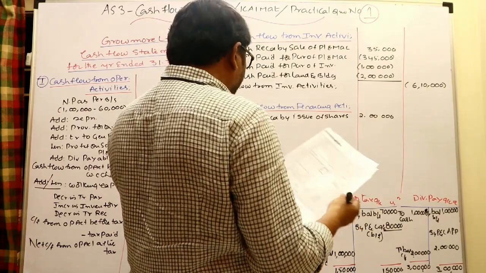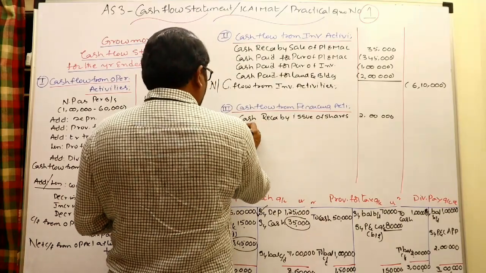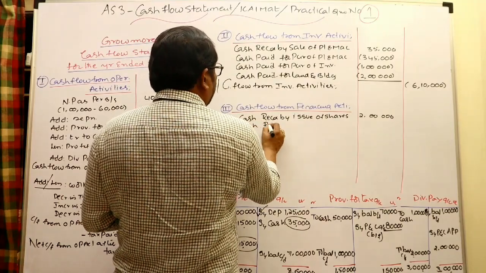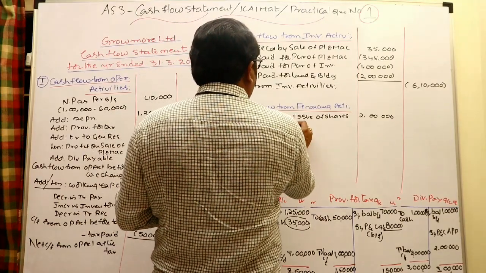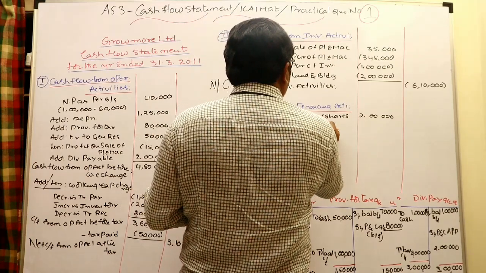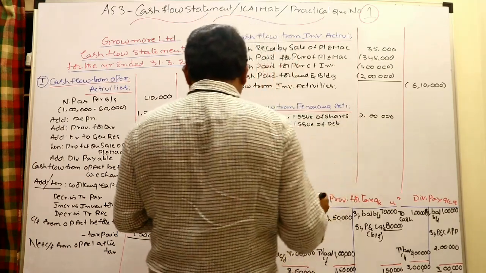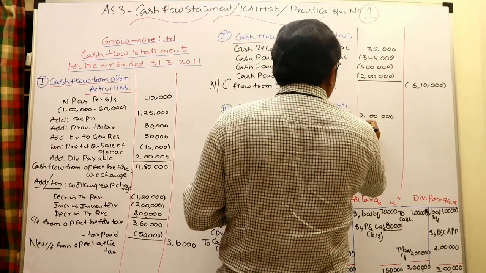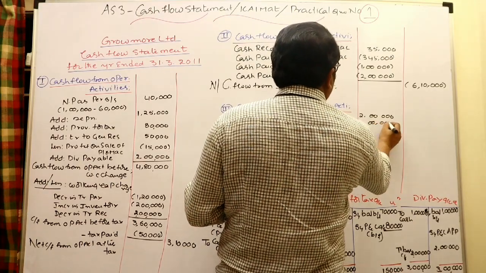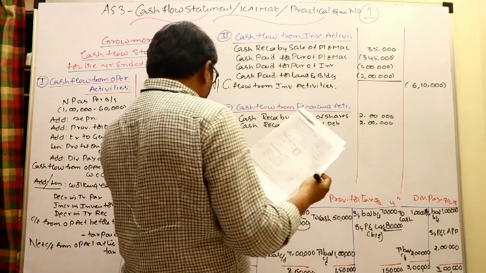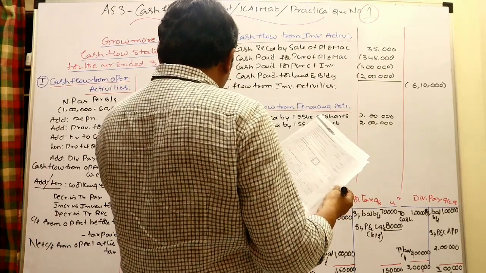And debentures: cash received by the issue of debentures, 2 lakhs.